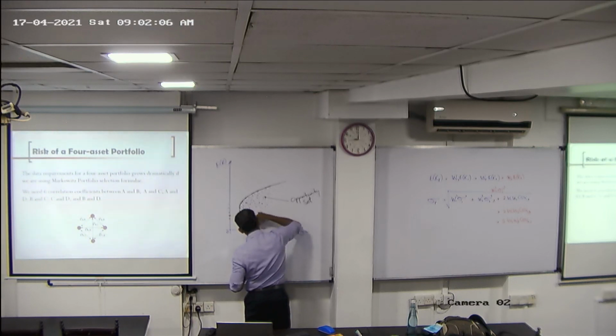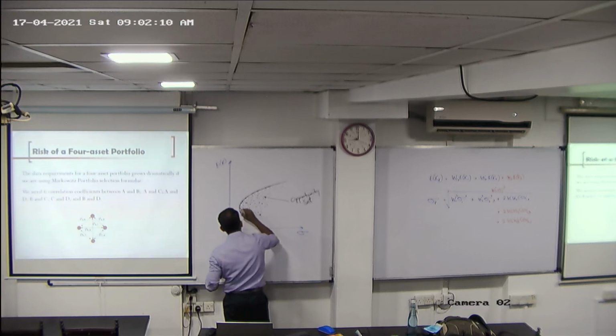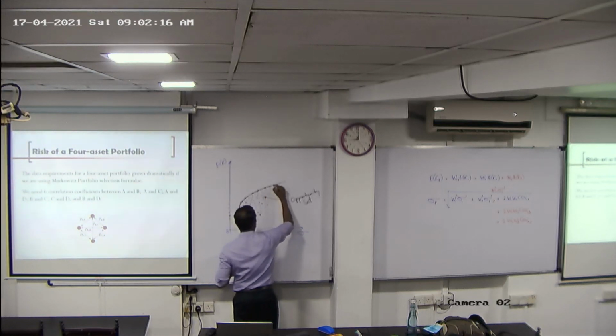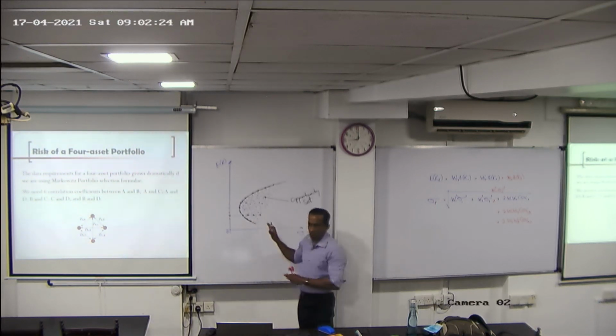Now we know definitely the portfolios on this curve have the lowest risk for a given level of return. So portfolios on this curve are definitely better than the portfolios inside the curve.